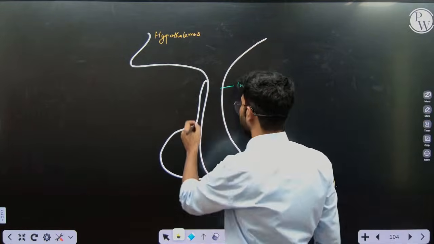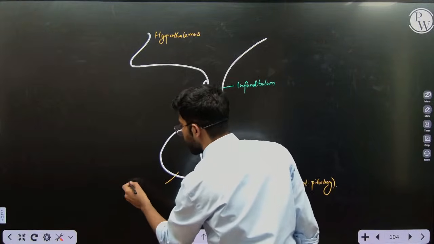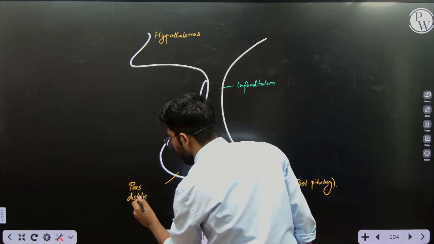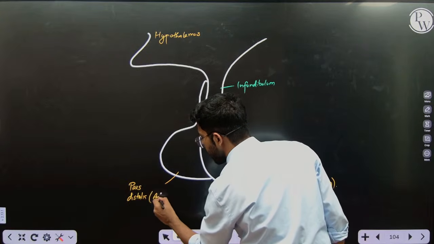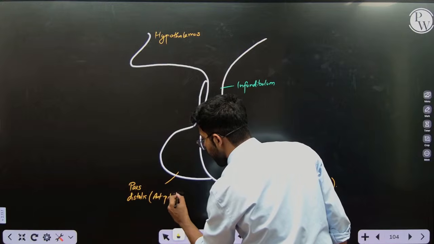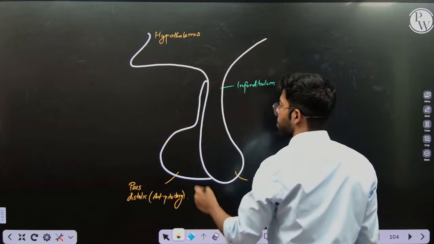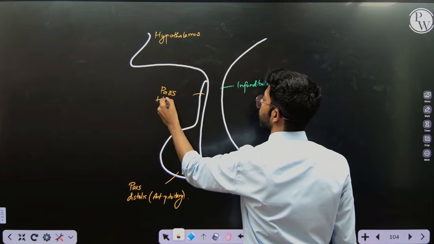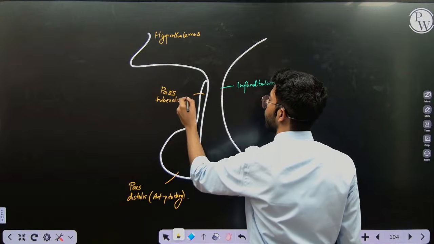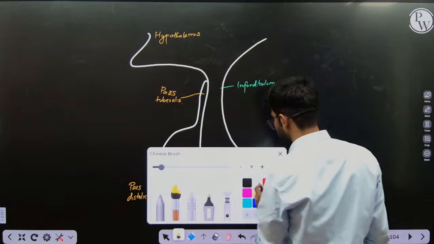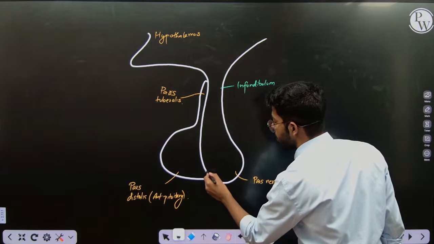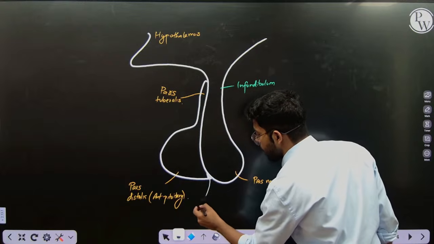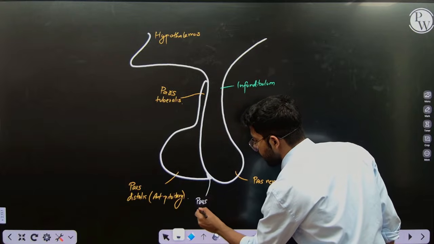And now, this is the pars distalis, that is the anterior pituitary, and this is the pars tuberalis. There is a fused region of the middle lobe of the pituitary, known as the pars intermedia.